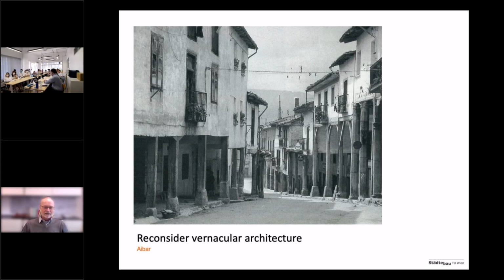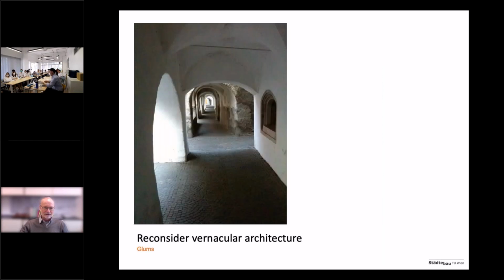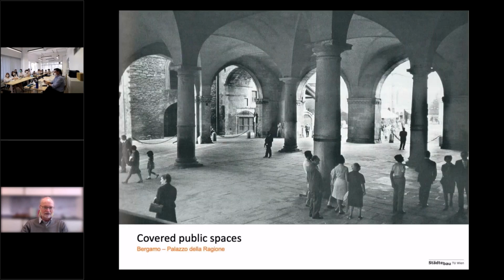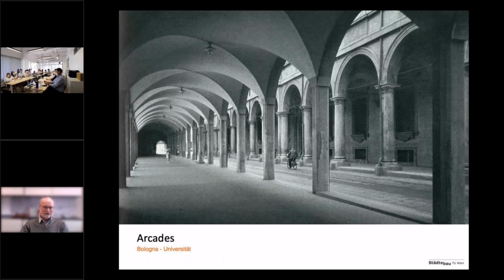So as long as you can't provide electricity for the air conditioning or oil or gas for heating, then you have to deal with the architecture to provide the conditions that are appropriate. So we can learn a lot if we look in the past. We can learn a lot about how to provide public spaces that are usable, that provide shadow, that provide protection from rain or storm.